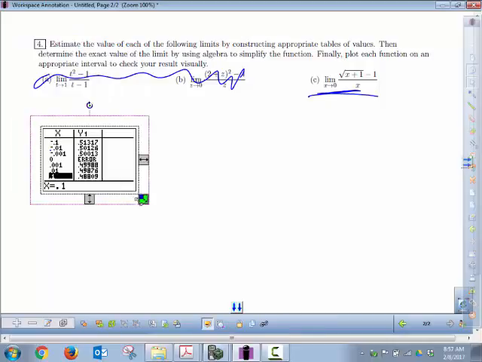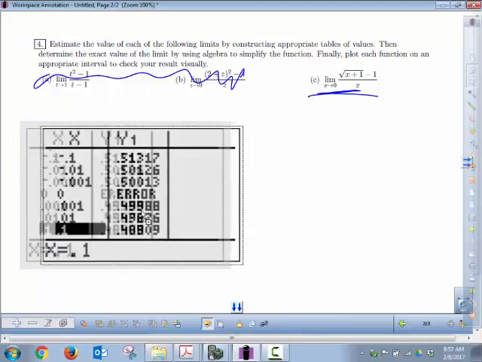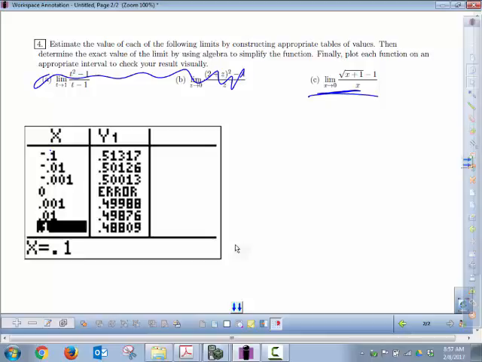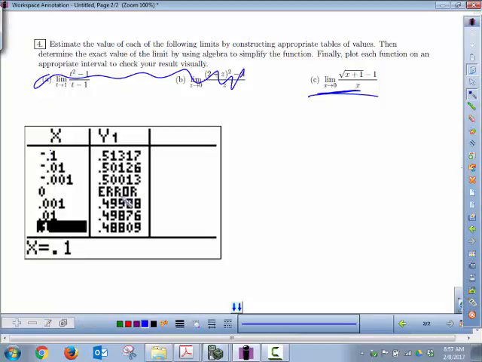Can you guys see? So 0.50013, 0.49988. Well, there's a pretty good looking candidate there, right? What do you think it should be?